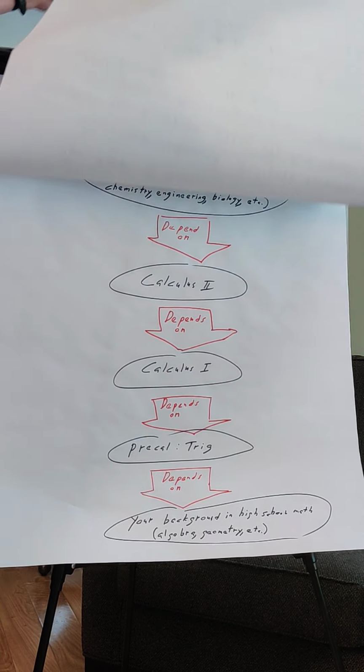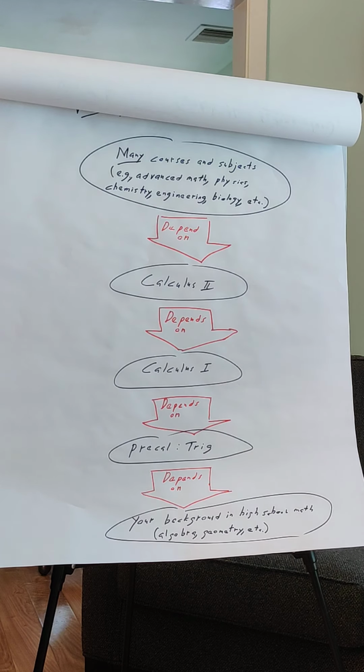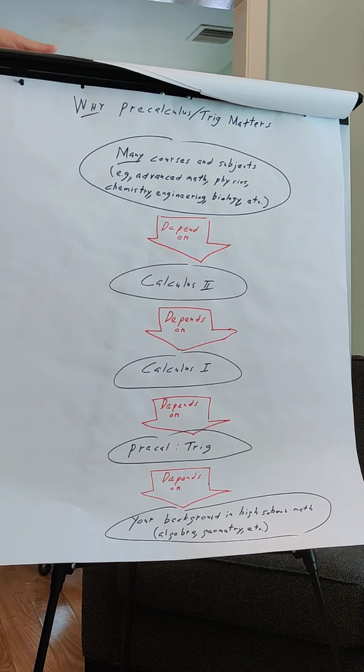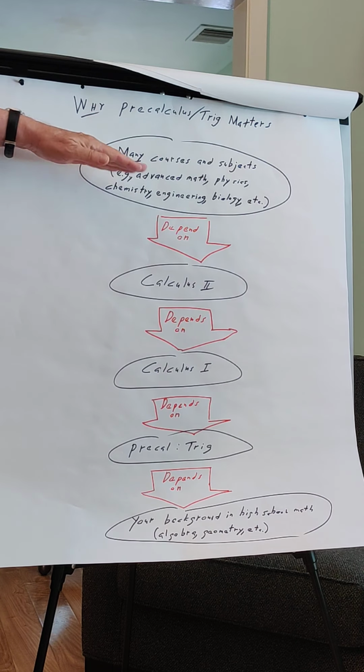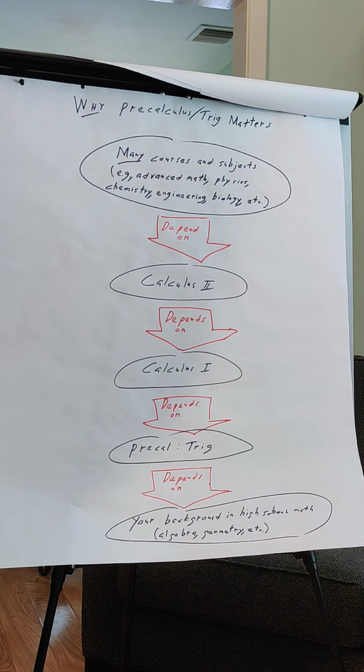Now, this third page is to orient you toward where this course sits in your curriculum, why pre-calculus trig matters. It's terribly important for you to learn this material. Ultimately, you want to graduate and have a great career, right? So you're going to be studying all kinds of subjects depending on your major.